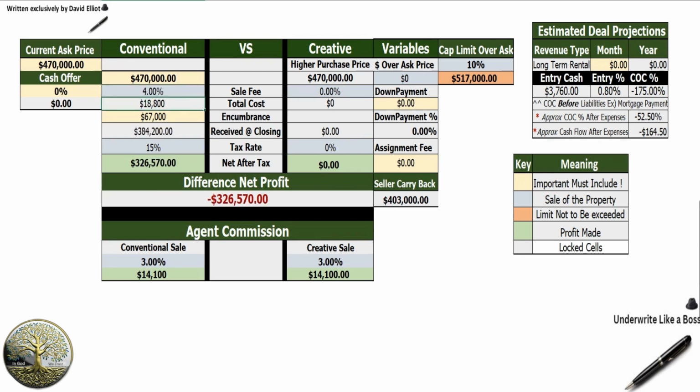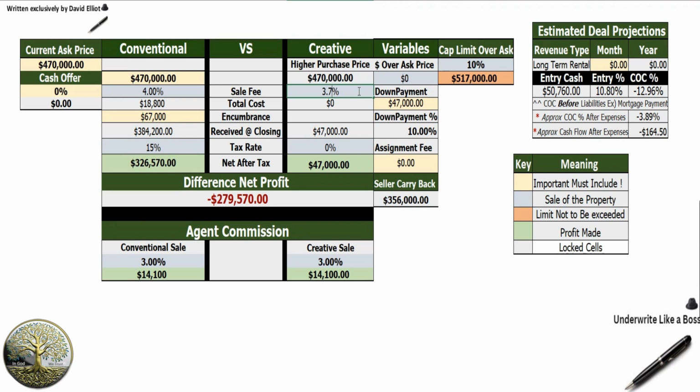And we're now going to look at a creative structure on terms, and we're going to compare and contrast the two. So let's stay at $470,000 temporarily. Let's give them 10% down, at $47,000. Let's give a best case scenario sales fee of 3.7%.